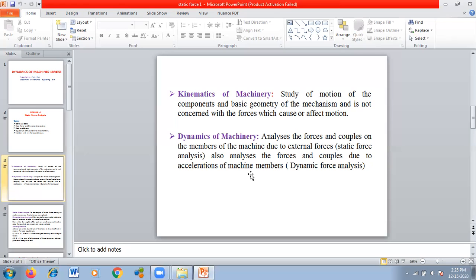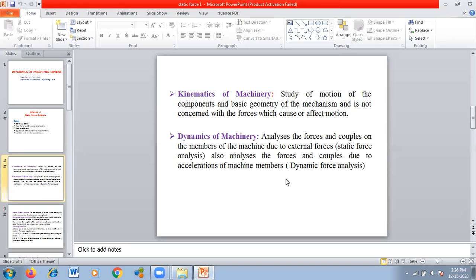As we know, whenever the machine operates, whenever it is in working condition, there are various rotating as well as reciprocating parts. Due to that, forces and couples are produced, so those we are going to analyze.